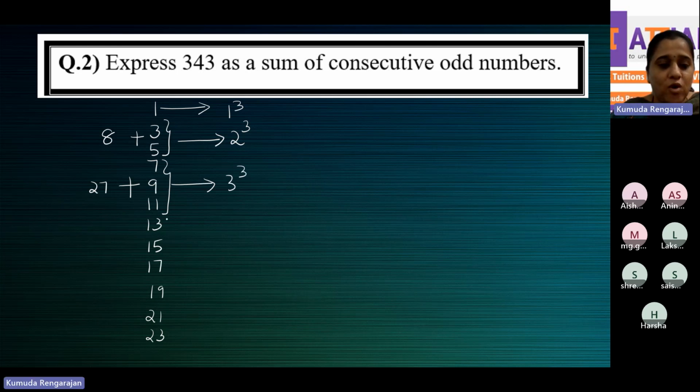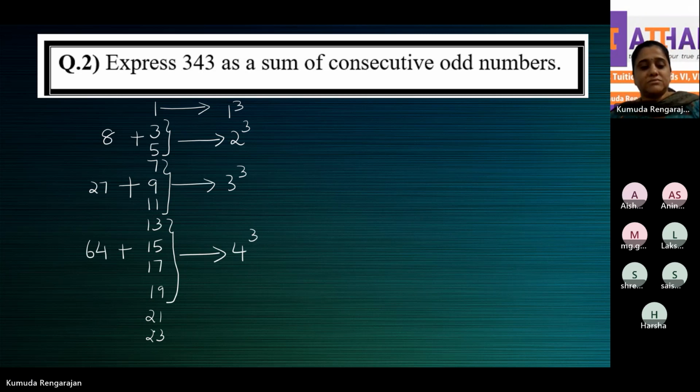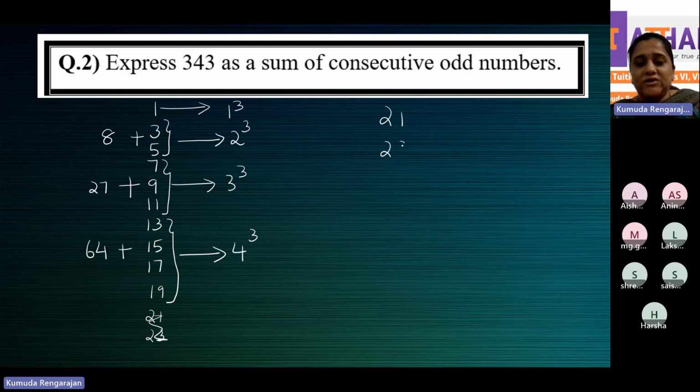Take the next 4 odd numbers and find their sum. The sum is 64. And that's nothing but 4 cubed. I'll just continue this here: 21, 23, 25, 27, 29.